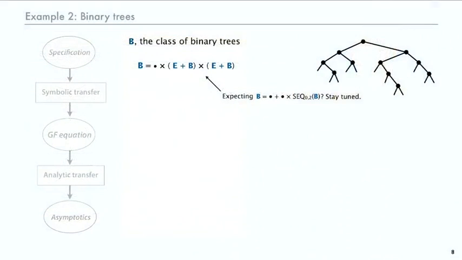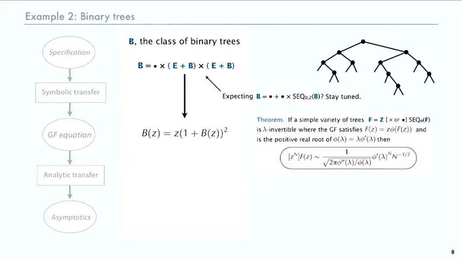You might have been expecting some construction like a binary tree is a node and a sequence of either 0 or 2 binary trees. That's another way to construct binary trees. We'll actually look at that one later on. But this one translates right to the generating function equation, b of z equals z times (1 plus b of z) squared.